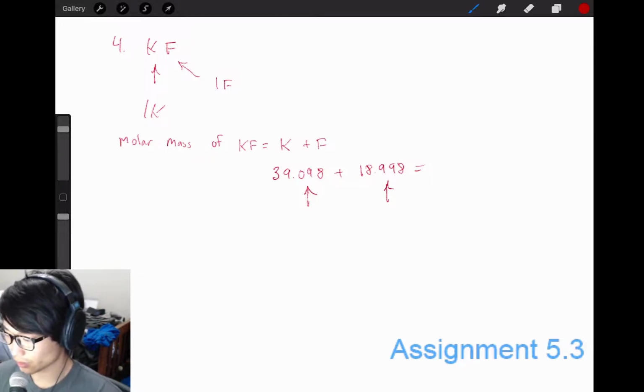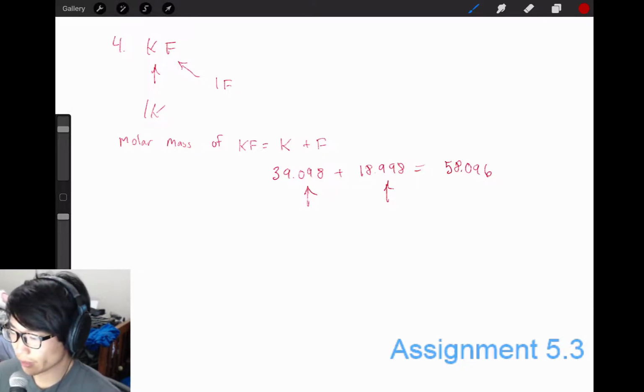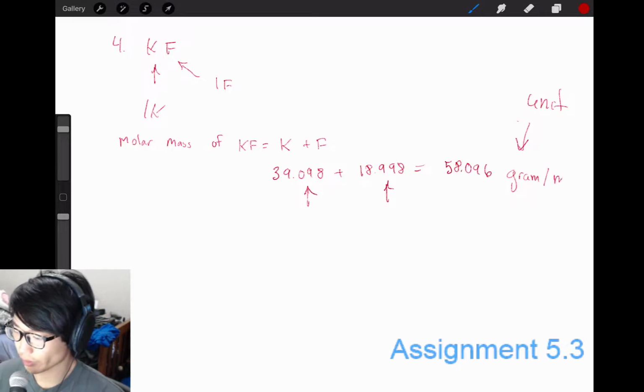And that gives me this answer, 58.096. I'm not done. I need my unit. Here's my unit. My unit is grams per mole. So what that means is in KF, there is 58.096 grams in 1 mole of KF. Cool.